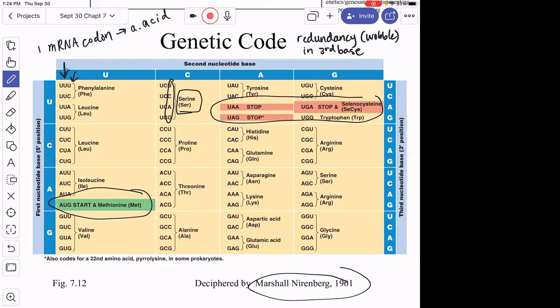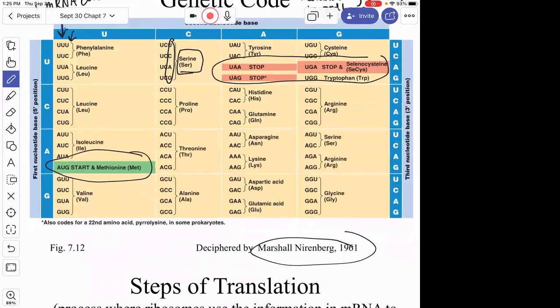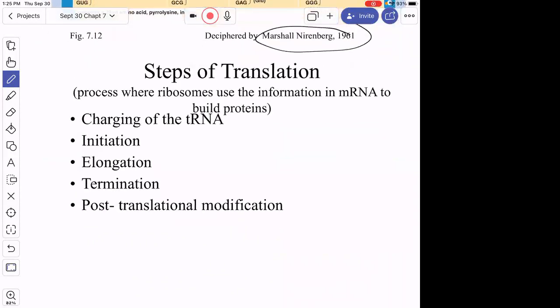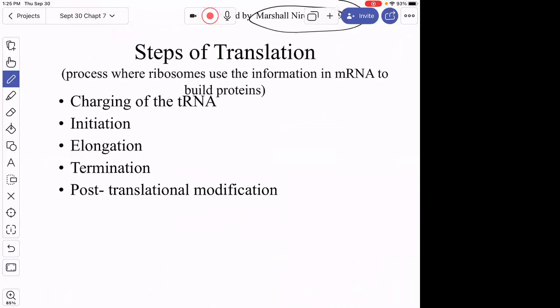Again, don't memorize all those. Probably the start codon should be familiar, but other than that, it's pretty universal throughout life, basically, with very few exceptions.